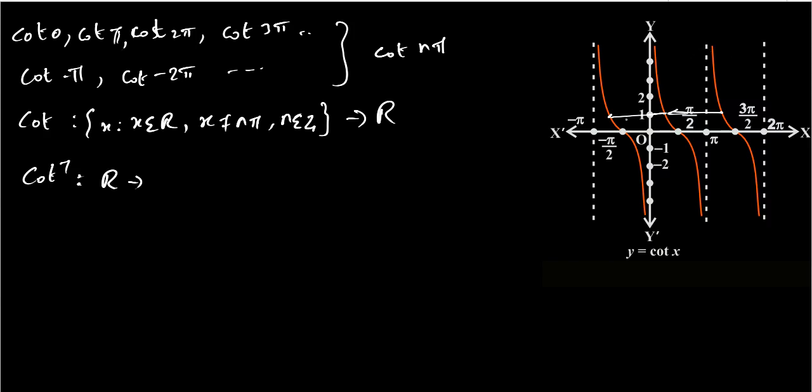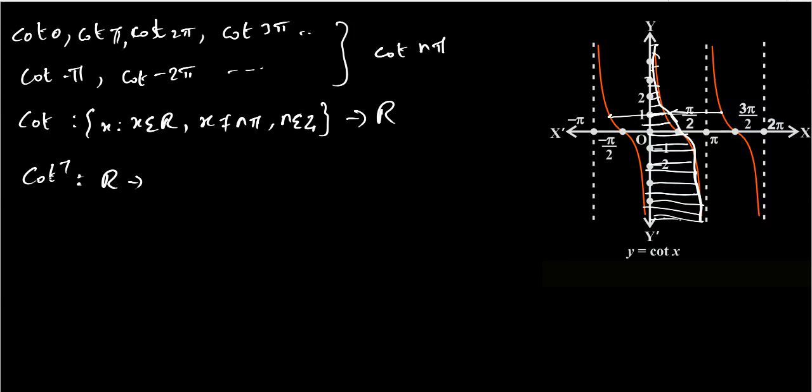So let me take from 0 to pi. This is the graph of the cot function from 0 to pi. Cot 0 is this value, and cot pi by 2 is this value. Likewise, for each input we are getting unique values inside this branch.